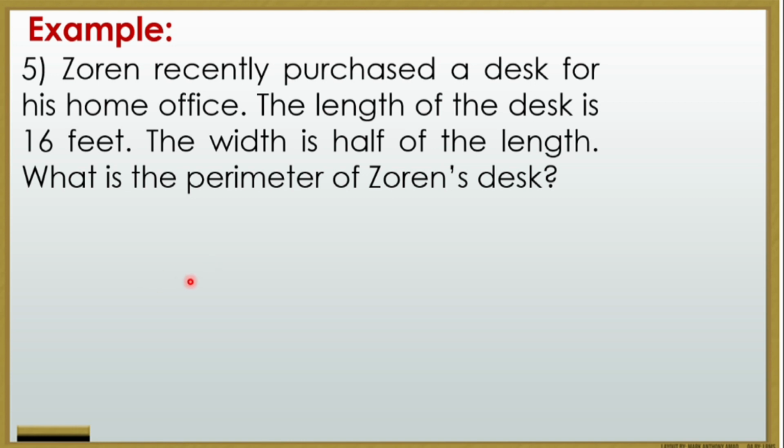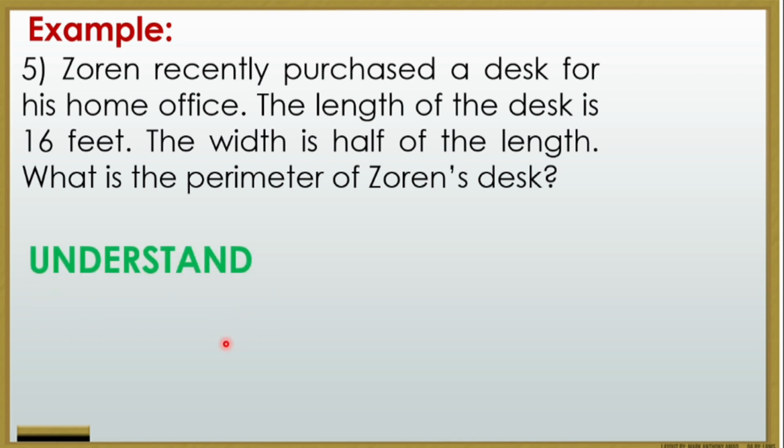So, again, this problem involves a non-routine word problem because of this situation. The width is half of the length. So, this situation involves some tricky questions. So, let's solve it later.